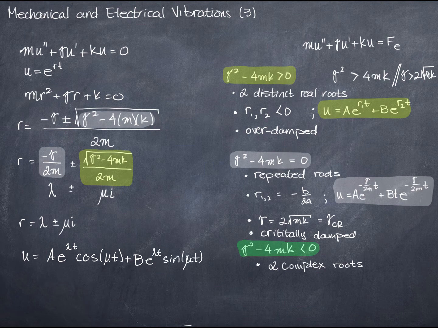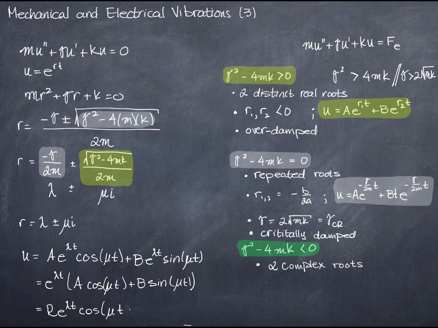And if I factor out the e^(lambda t), I get a cosine mu t plus b sine mu t. And of course I can rewrite that as r e^(lambda t) cosine of (mu t minus delta).